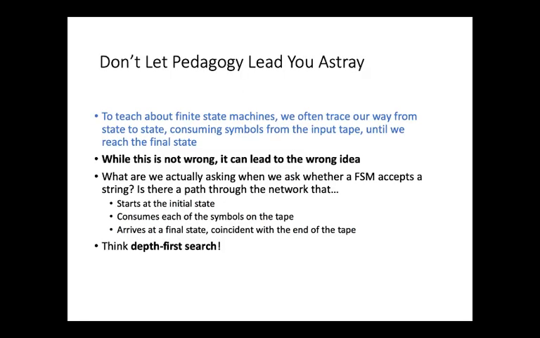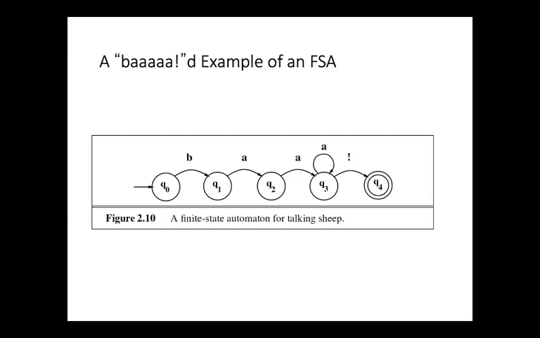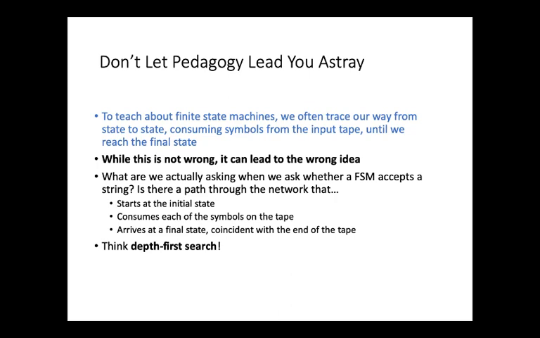So sometimes people get confused. So we talk about tracing our way through a finite state automaton, and they ask, well, can it see ahead or look ahead to where it's going? How do we know if there's an ambiguity and you could go more than one way? How do you know which way to go?